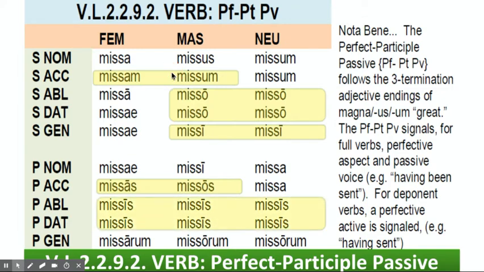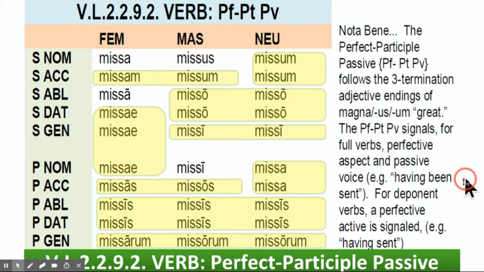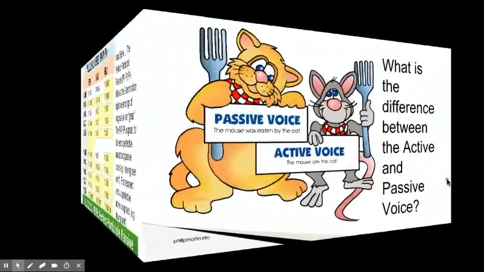It's found in the glossary as the fourth principal part. It will have some similarities to the perfect, but it is unique. It is going to signify perfective aspect, having, and it's going to be passive. In English, we signify the passive with the be verb, having been sent.